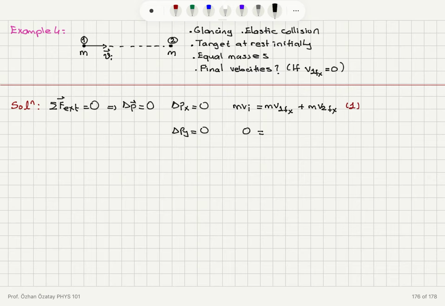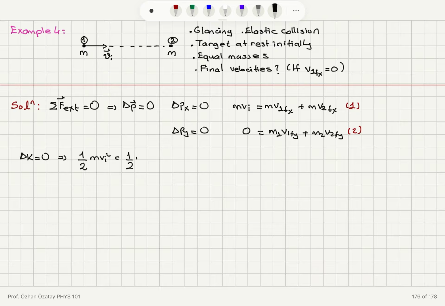The y components: there's no initial y component for the linear momentum. Final m1 V1 final y plus m2 V2 final y. Second equation. Kinetic energy conservation, delta K is equal to 0. Initial kinetic energy is 1 over 2 m Vi squared.